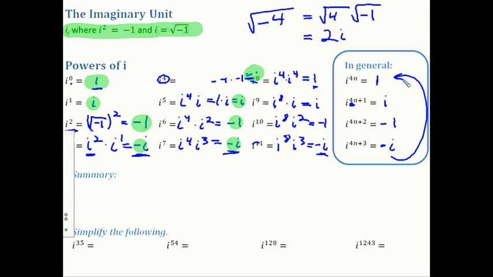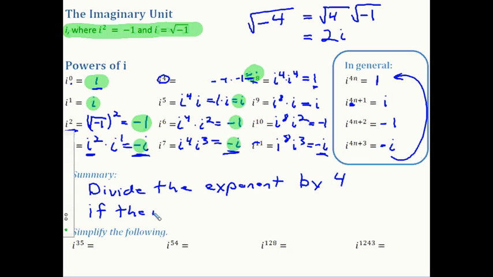So we can summarize this by saying, we'll divide the exponent by 4. The remainder is going to tell us what we'll have. If the remainder is 0, it's going to be equal to 1.